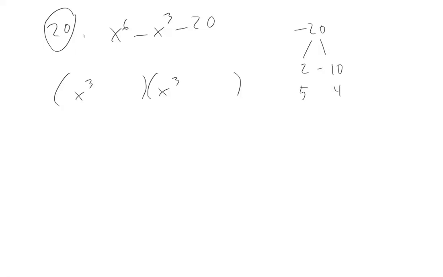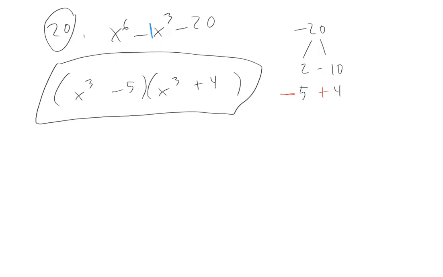But it has to add up to equal what though? We'll look at the negative x cubed in the middle. That really technically has a negative 1 in front of it, right? So we need to make this be a negative 5 and a positive 4 so that it'll add up to negative 1. So it'll be a negative 5 and a positive 4. And then there we go. Now problem 21.